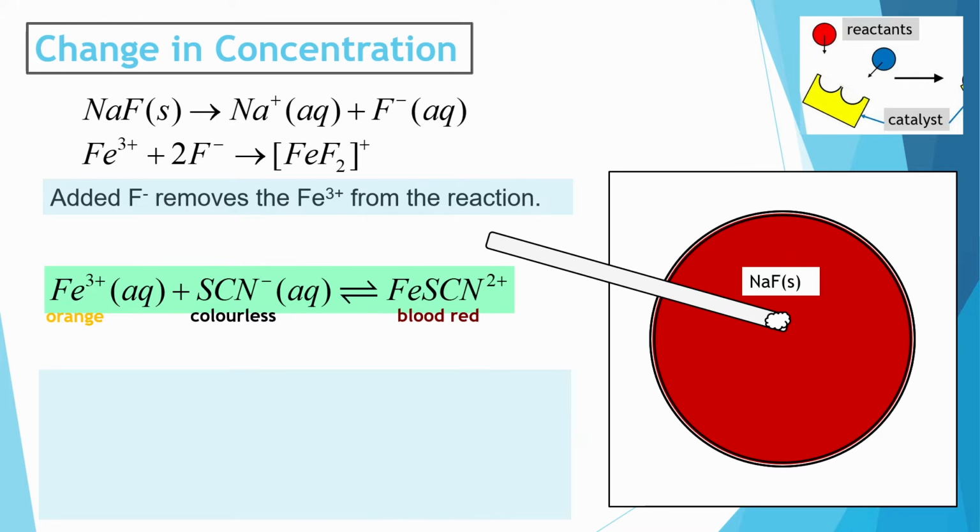Remember Le Chatelier's principle says that the equilibrium will move to oppose this change. So the equilibrium is going to want to make more iron to replace the iron I took away. So the reverse reaction is going to be favoured in this case. And if the reverse reaction is favoured, there's going to be less blood red and more orange colour.